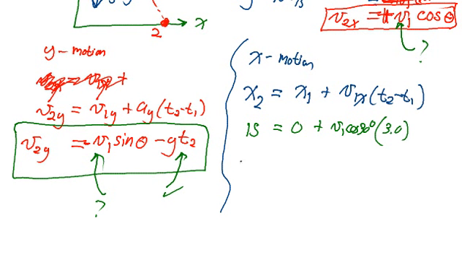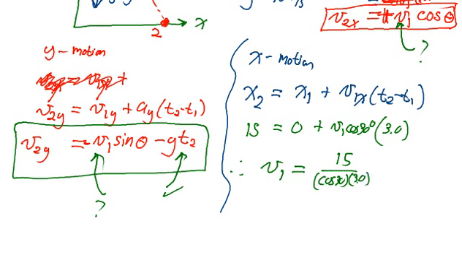So if we cross multiply, v1 is going to be equal to 15 divided by the cosine of 30 divided by the 3 seconds.